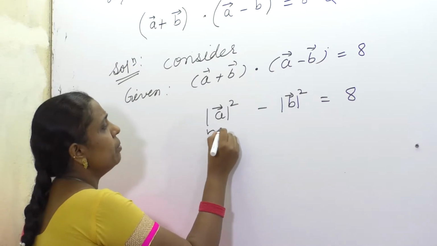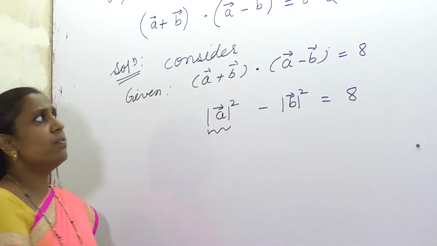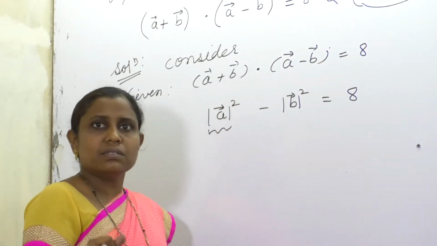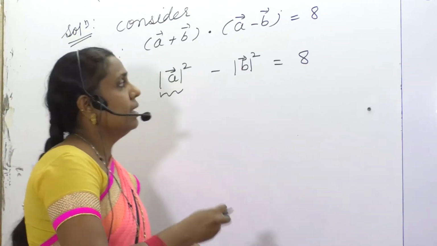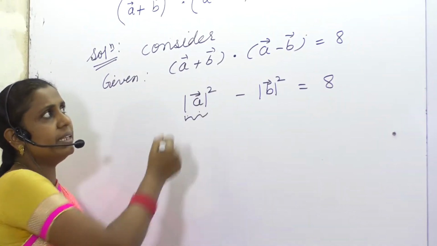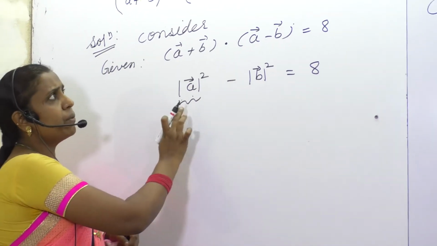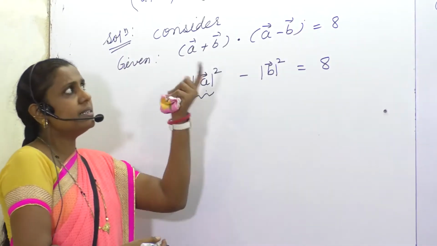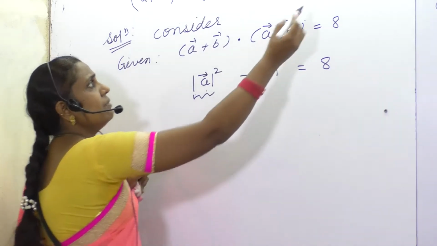Now we have to make use of the second condition. So this magnitude A the square, here we are going to replace this term using the second condition. What is given?